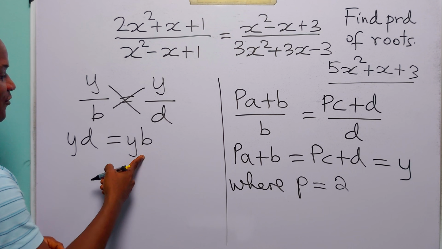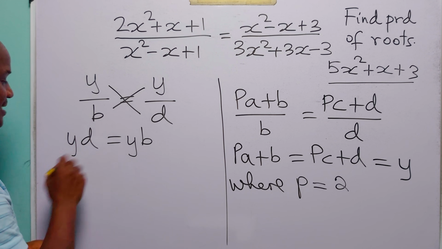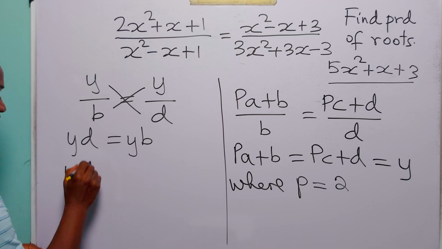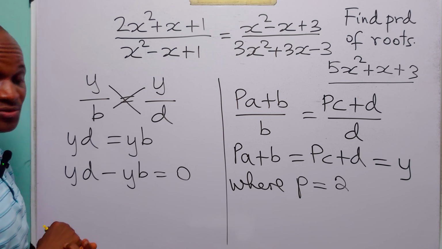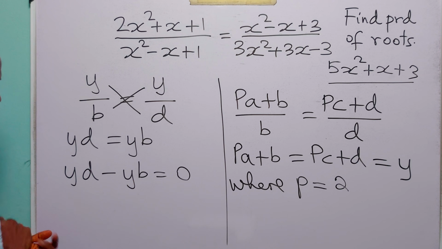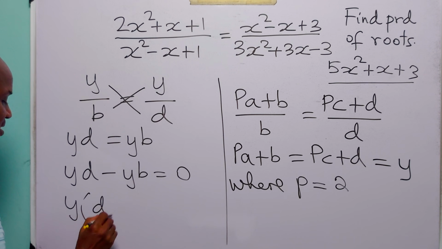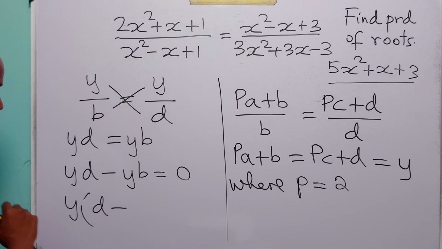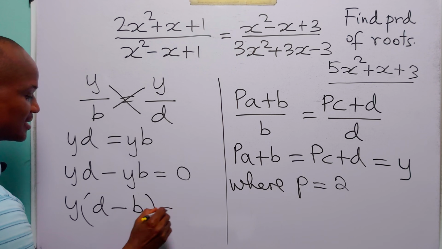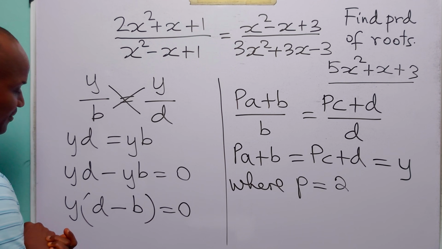And of course, if we move this over to the left-hand side, we have that Y times D minus Y times B is equal to 0. Now we can factorize this. When we do that, we have Y into YD divided by Y, of course, is D, and minus YB divided by Y is minus B, and this is equal to 0.